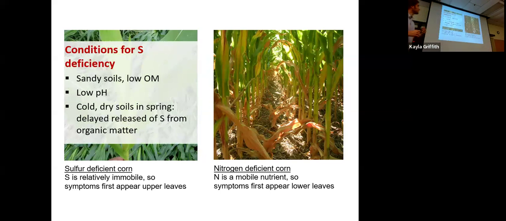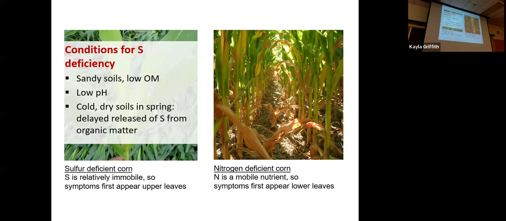Again, some of these things are a little intuitive in terms of where you might have sulfur deficiencies. A very sandy soil may not be great at retaining material and can lose a lot very quickly. Low organic matter, like I said, is an issue because organic matter is holding on to a lot of your sulfur.